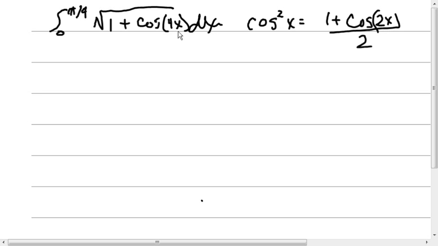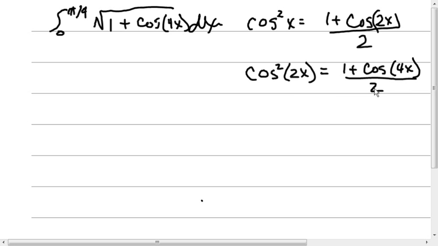And this is almost identical to the 1 plus cosine 4x because we can simply rewrite this equation and say, well, if that's true, then also cosine squared of 2x is equal to 1 plus cosine 4x divided by 2. And then we can move the 2 over and we get 2 cosine squared 2x is equal to 1 plus cosine of 4x.